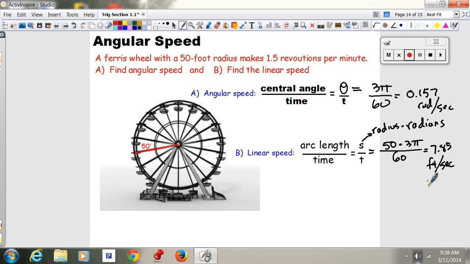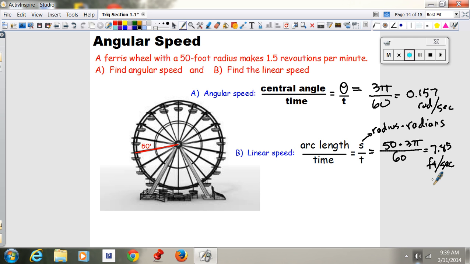Now, if you were to do that to your wheel on your car, look how fast that thing's going. Depending on your speed, it's miles per hour, but this is a pretty small feet per second. It's a Ferris wheel and it doesn't want to throw people off. Can't go too fast.